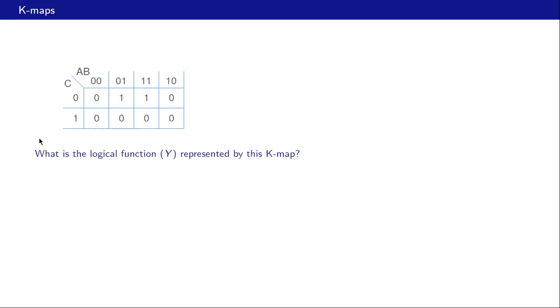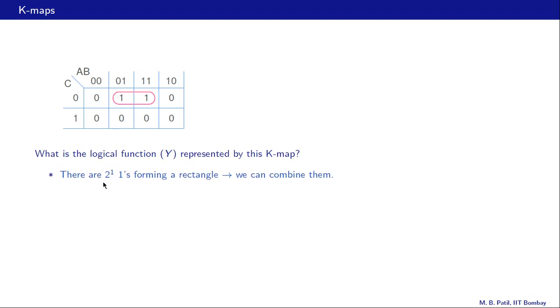So here is our first example, and we want to find the minimal expression for this logical function y given by this K-map. So what is the first question we ask? We want to find out how many ones are there, and we see that there are 2 ones and in this case they happen to be adjacent, so we can have one rectangle covering these two ones like that.